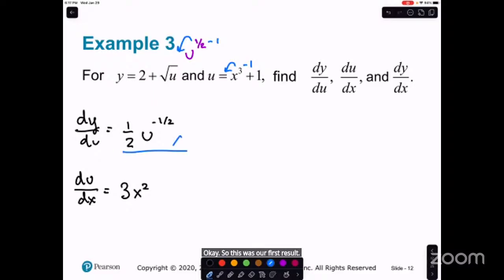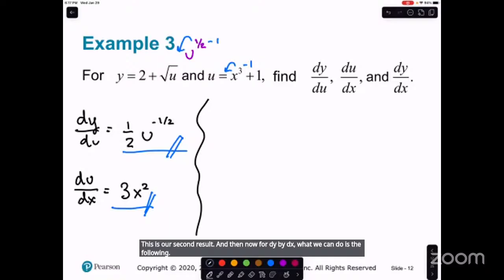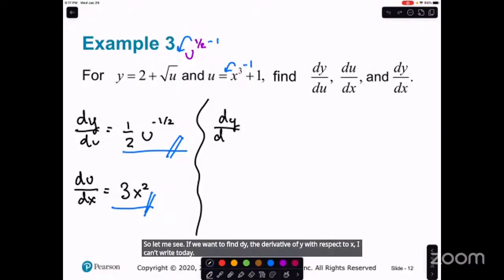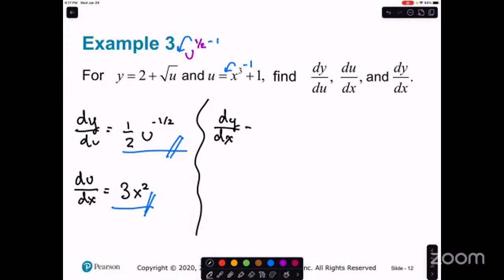This is our second result. And now for dy by dx, what we can do is the following. If we want to find dy by dx, the derivative of y with respect to x, we can take our dy by du and say times du by dx.